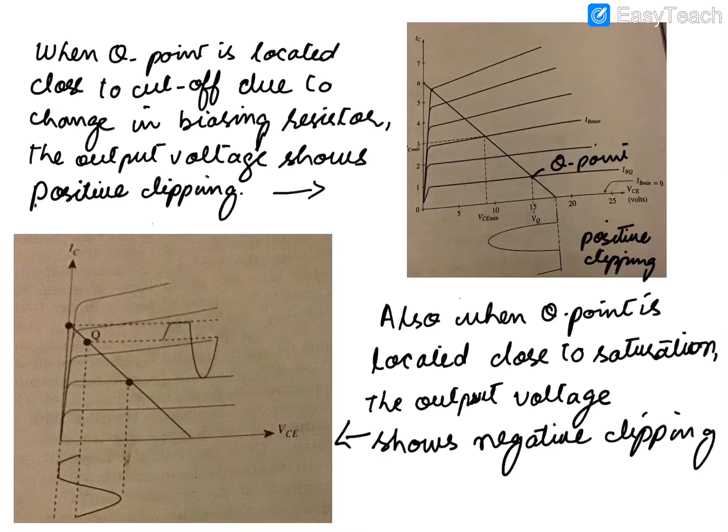Similarly, when you change the biasing resistor so that the Q point is now located closer to the saturation level, then there will be negative clipping of the output voltage, as you can see in this graph. This is basically the value of IC, the output current, which is positive clipped in this case.